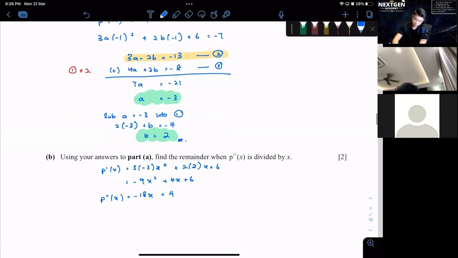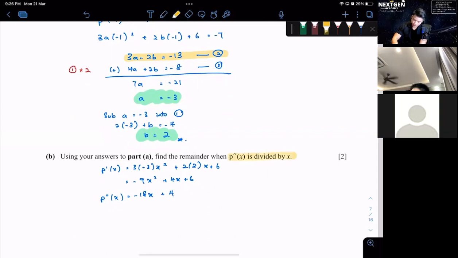Okay, so you all see here, find the remainder when p double prime x is divided by x. So we can just use remainder theorem here. Remainder theorem means we sub in what's the factor, right? x is actually x plus 0. So that means I put my input here as 0.